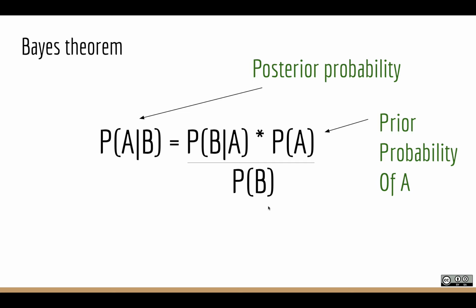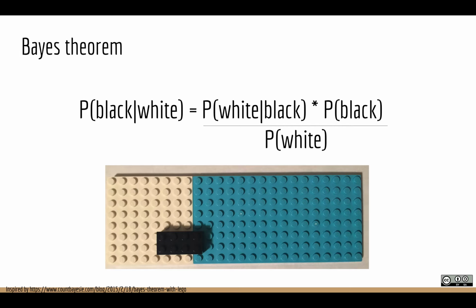It is intentionally abstract. Things are just represented with A and B because it can be anything, so long as you can evaluate these important priors. And we walked through just now how to evaluate those priors and establish those conditional probabilities with Legos.